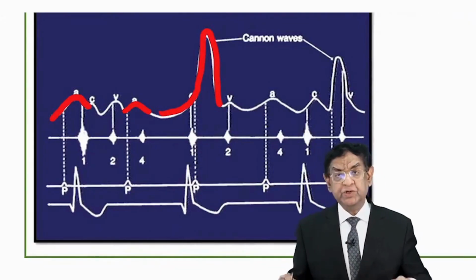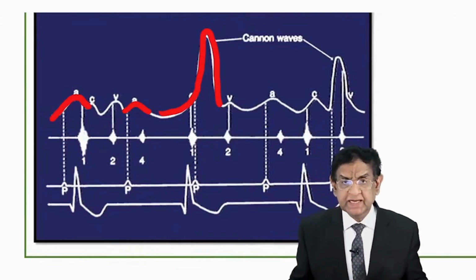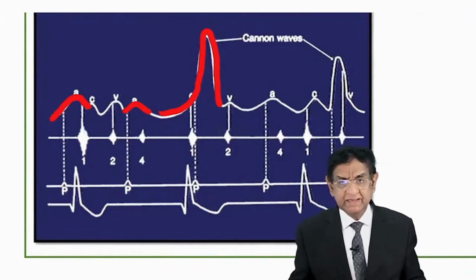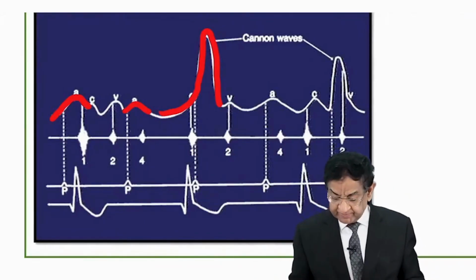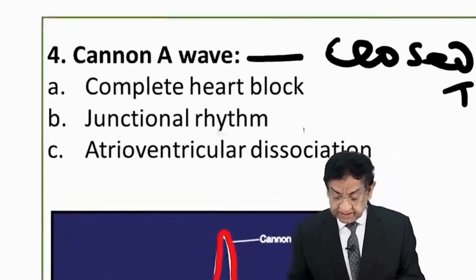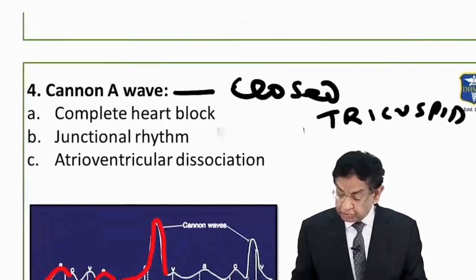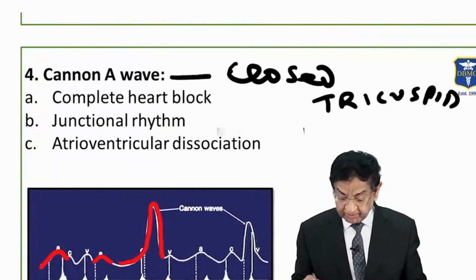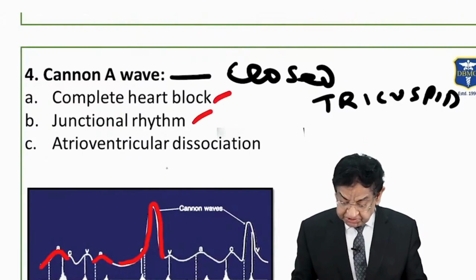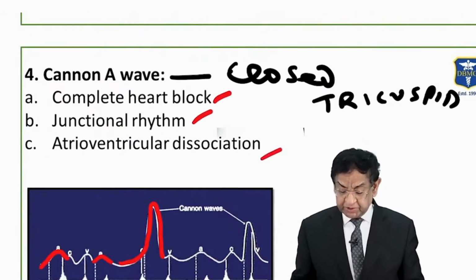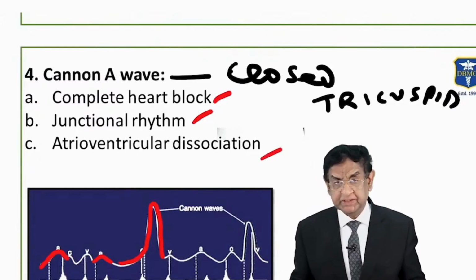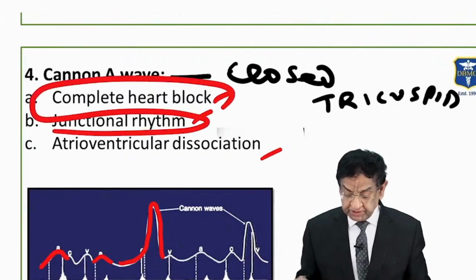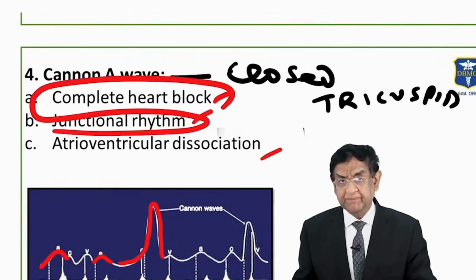You can see this is a huge wave, just like a bomb is fired from a cannon, and that is the so-called Cannon A wave. This is seen in any condition which leads to the atria contracting against a closed tricuspid valve: complete heart block, junctional rhythm, and atrioventricular dissociation. But this is the most commonly asked question: these two, junctional rhythm or complete heart block.